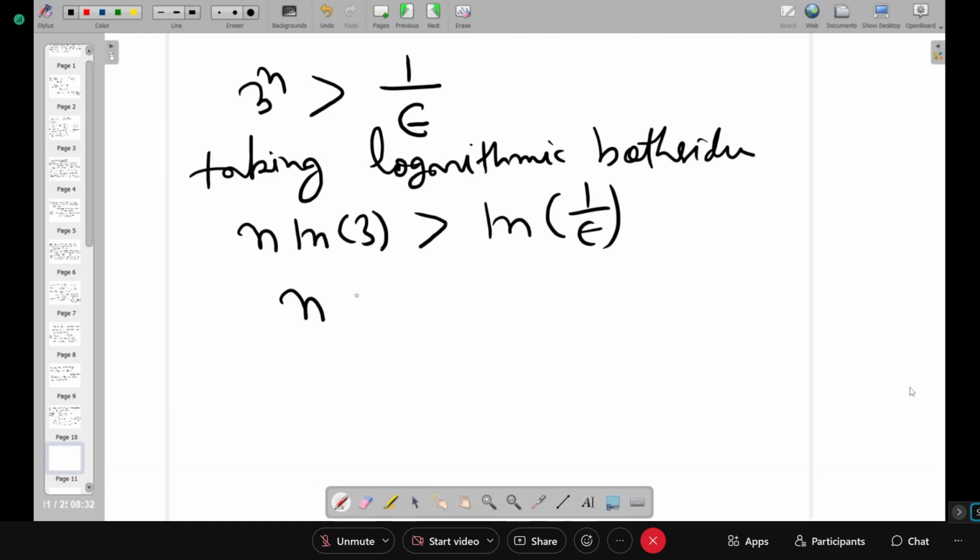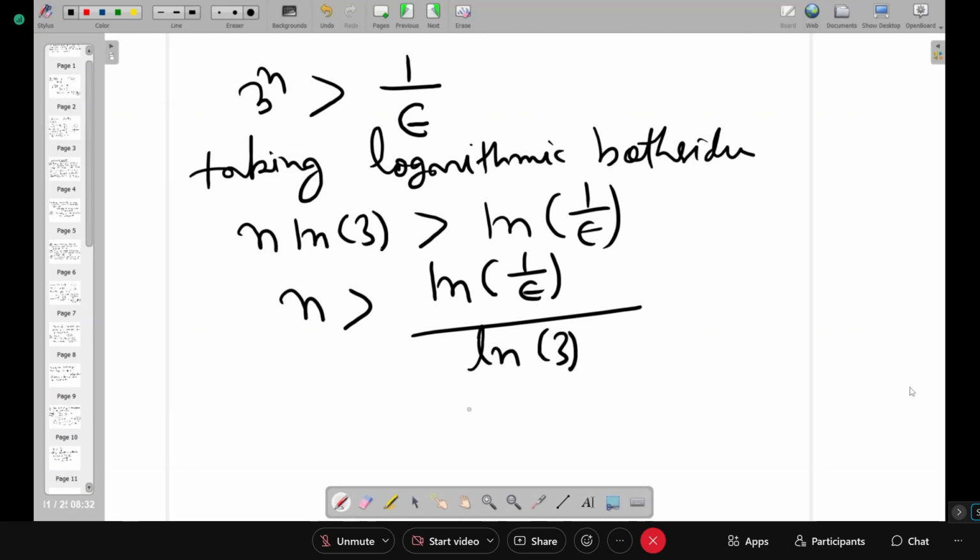Now n is greater than ln(1/epsilon) upon ln 3. Here we have a fixed quantity: epsilon is given and ln 3 is fixed. So here we can find out the m.